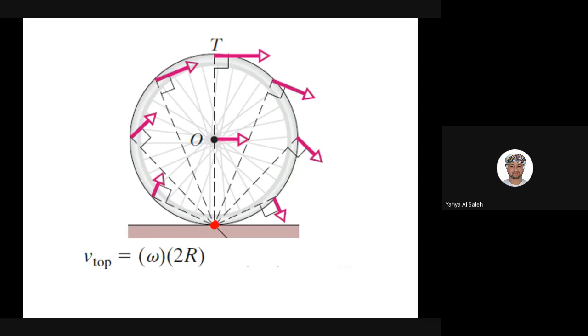You're rolling, this point is fixed. At the top, you have omega 2r: the rotation speed is fixed, but you are 2r away, so omega 2r, 2 omega r. And at the center, what is your velocity? Omega r.